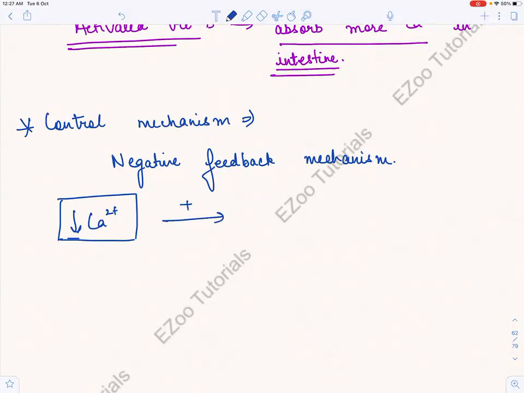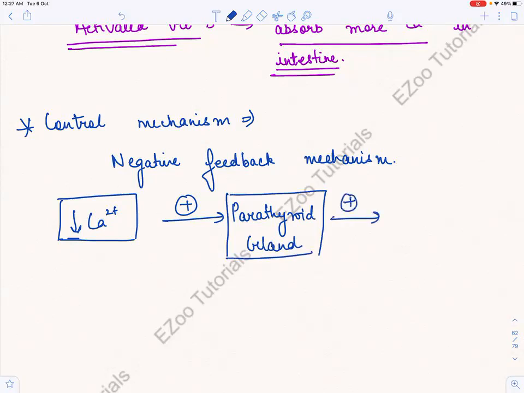It will stimulate the parathyroid gland, which will secrete the parathormone, and this parathormone will act on bone, kidney and intestine.